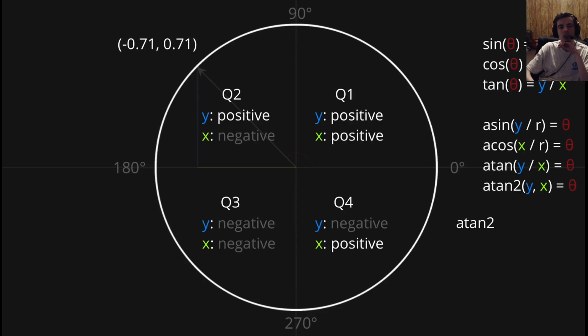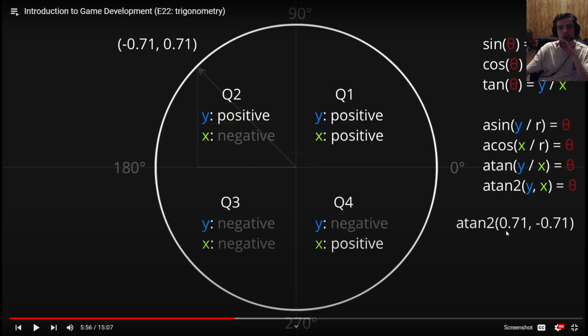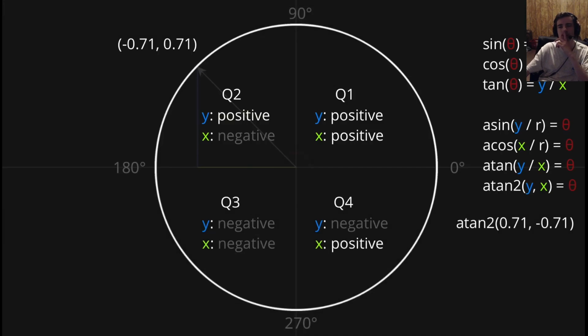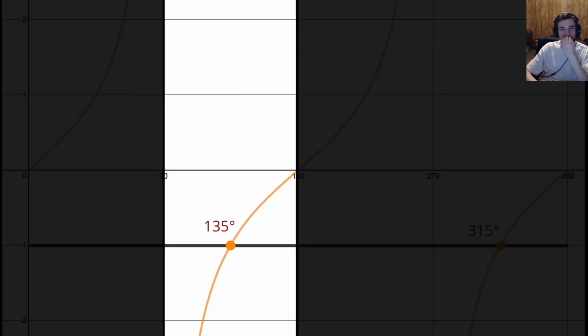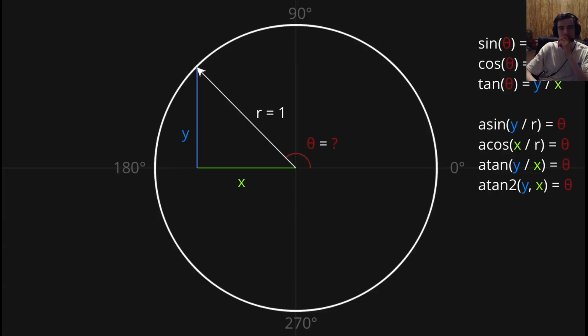So if we use that atan2 function, passing in 0.71 and negative 0.71, the function can see that the y value is positive and the x value is negative, meaning that the answer must be in quadrant 2. By narrowing the search down to a single quadrant, the function is now able to find a single correct answer. Alright, so the general solution to our second problem is that theta is equal to atan2 of y comma x.